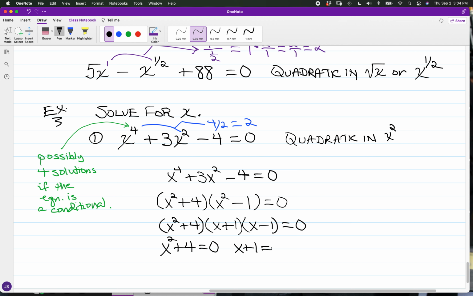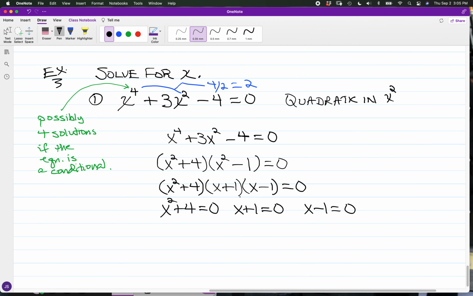So if I set each of these factors to 0, just for the quick answer portions, if x minus 1 is 0, we've got x is equal to 1. If x plus 1 is 0, we have x is equal to -1.